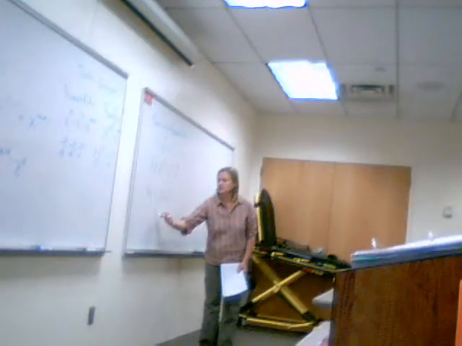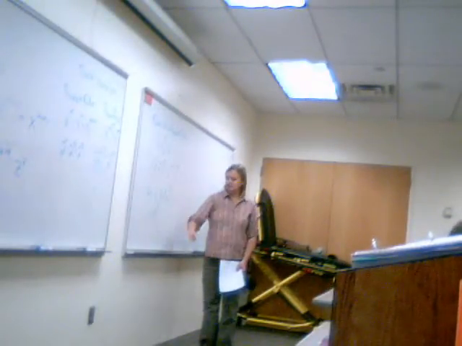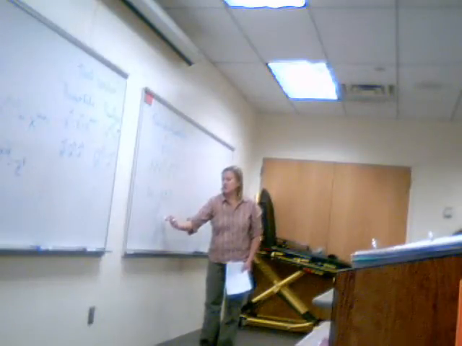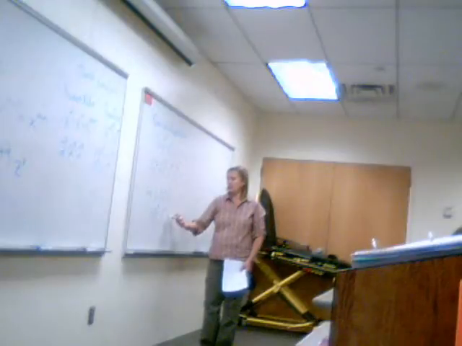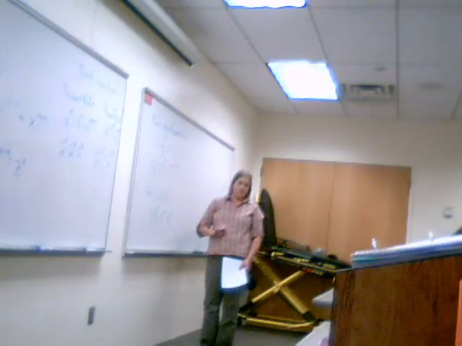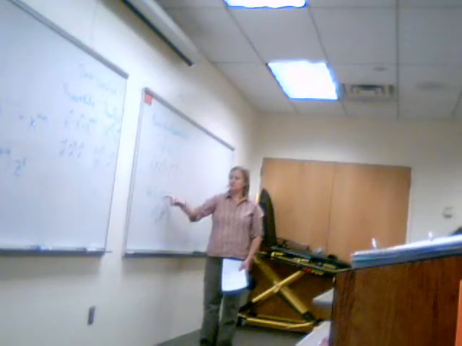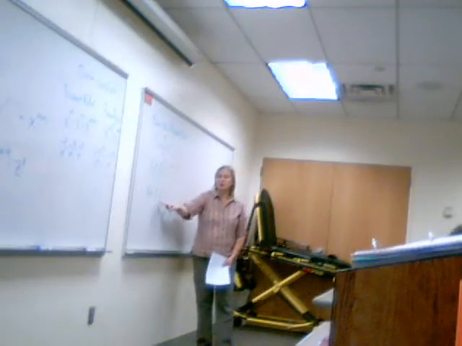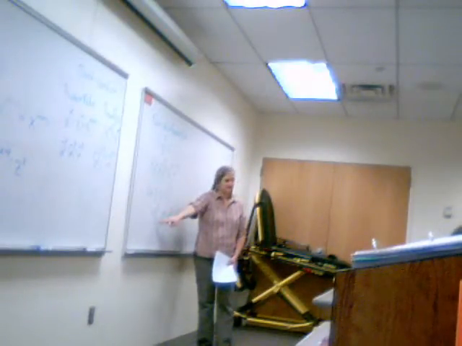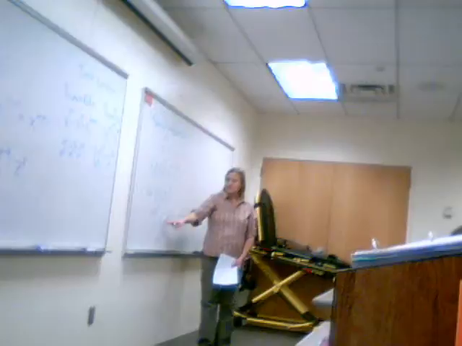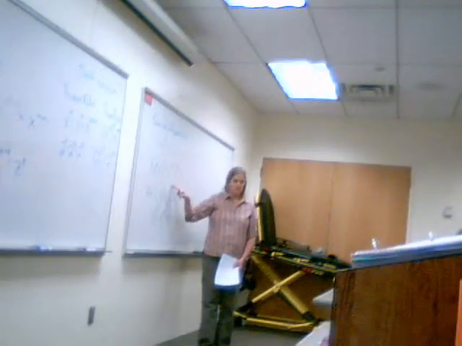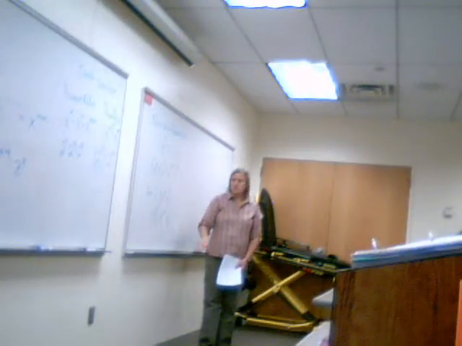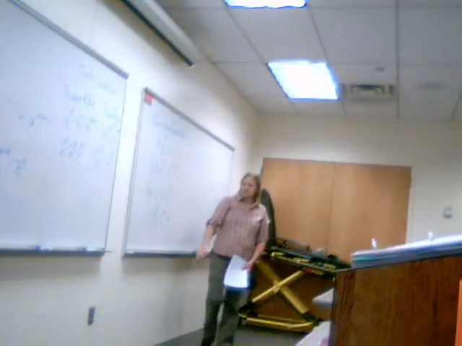So it'd be negative 2/3, the negative can go with the 2/3, cubed, times x to the 6 times 3, y cubed. So I applied the 3 to each thing. Now when it's a number, all I'm doing is cubing this number. When it's an exponent, I'm multiplying the exponents. So a constant works differently than a variable.